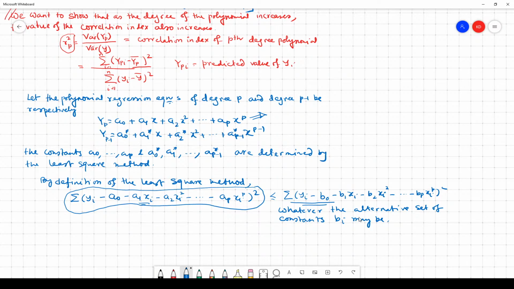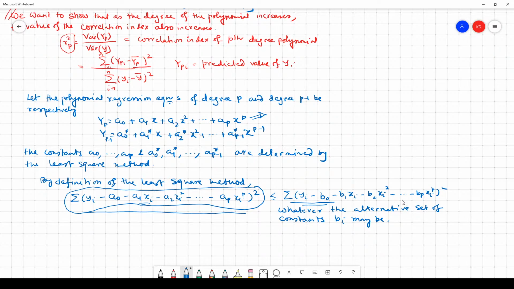That means if a0, a1, a2, ..., ap are the least square estimators, then this sum of squares should be minimum for any choice of b0, b1, ..., bp.